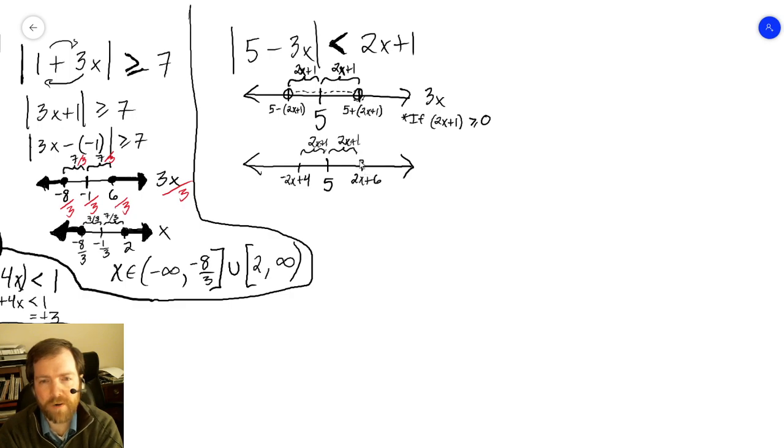Instead, what we've got now is we can't be here, but again, we think it's on the inside of all this stuff. So this says that, in theory, 3x should be less than 2x plus 6, and 3x should be greater than a negative 2x plus 4.